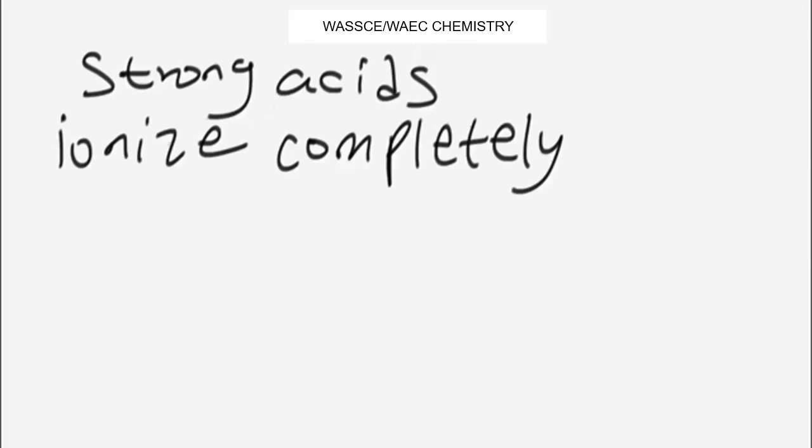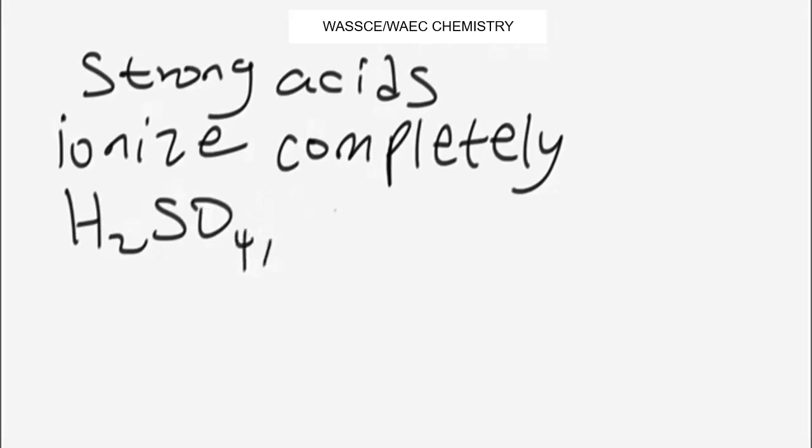Now let's look at a couple examples of strong acids, because in your MCQ questions you might be asked which of the following is a strong acid or which of the following is not a strong acid. So you have to be able to identify strong acids. The common strong acids we have in chemistry include sulfuric acid, that's tetraoxosulfate 6 acid.